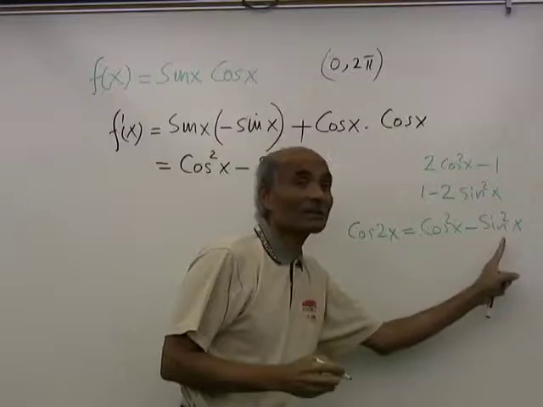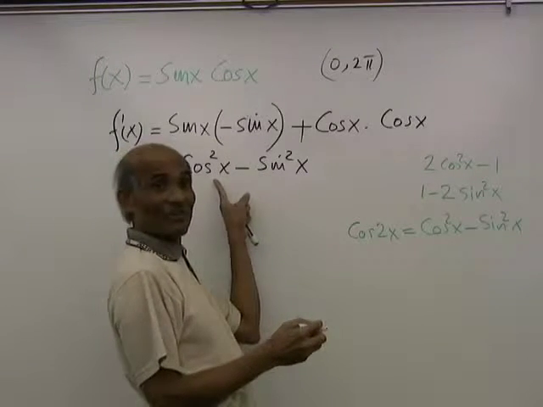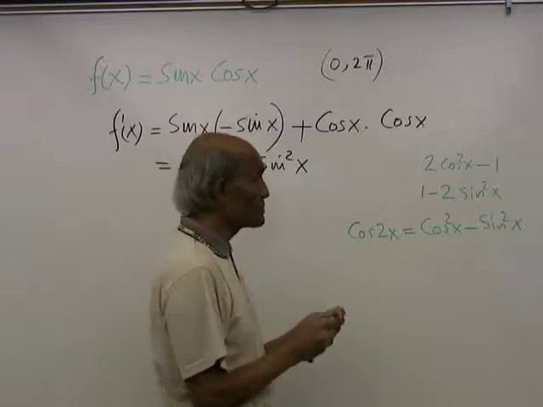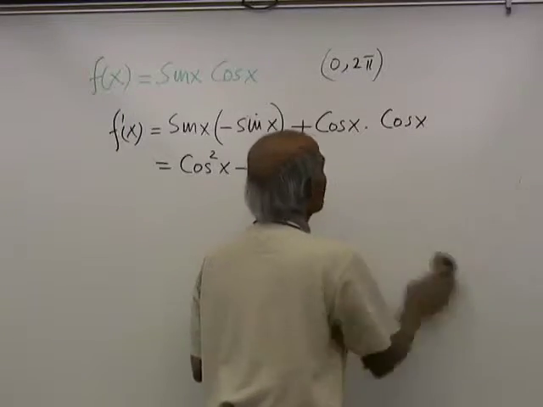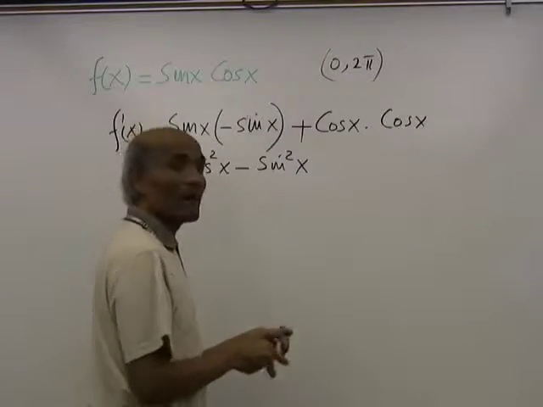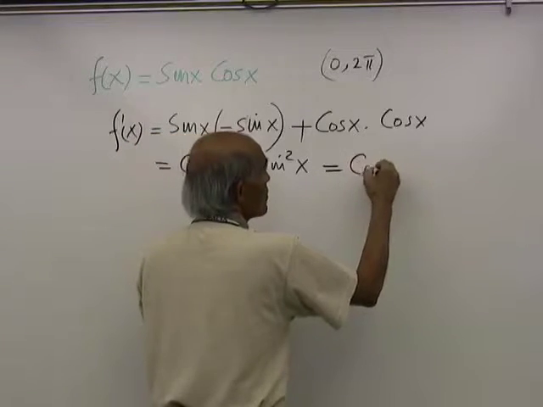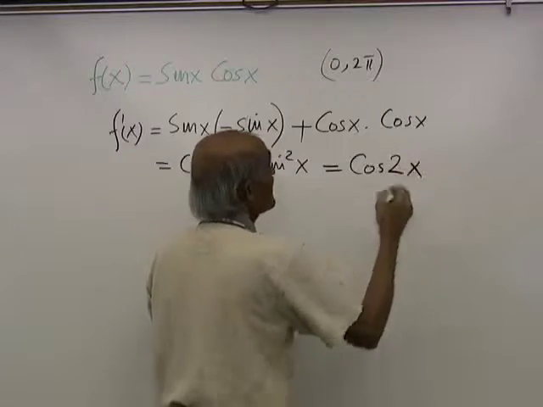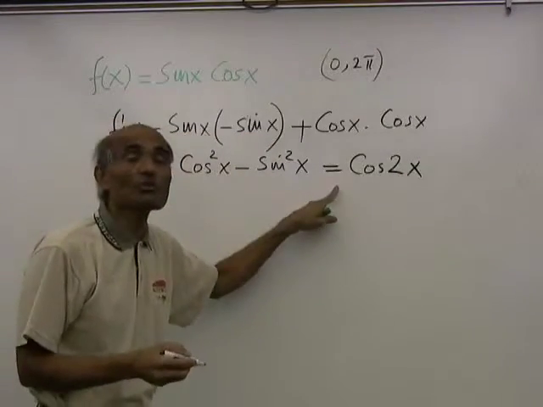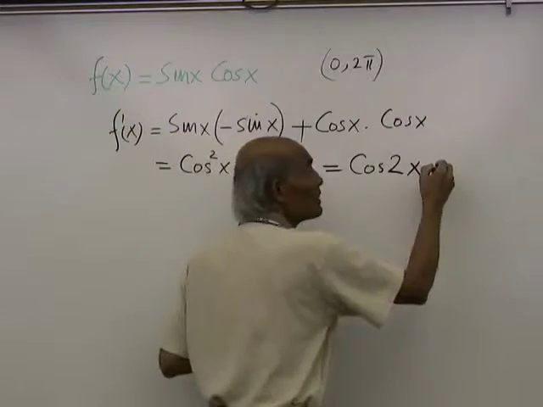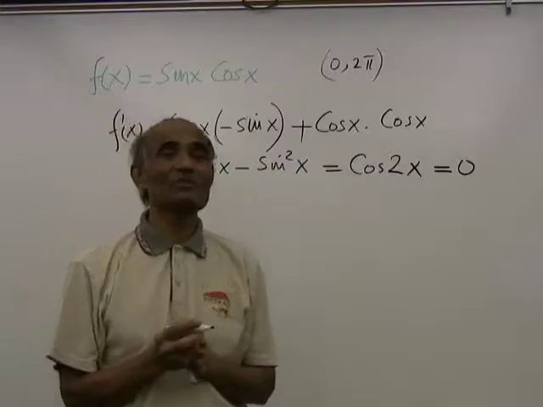So cos squared x minus sine squared x, what we have here, is cos of 2x. So what we're going to do is replace our cos squared x minus sine squared x with cos of 2x. So our derivative function is cos of 2x. And we're going to set this equal to 0. Cos of 2x equal to 0.